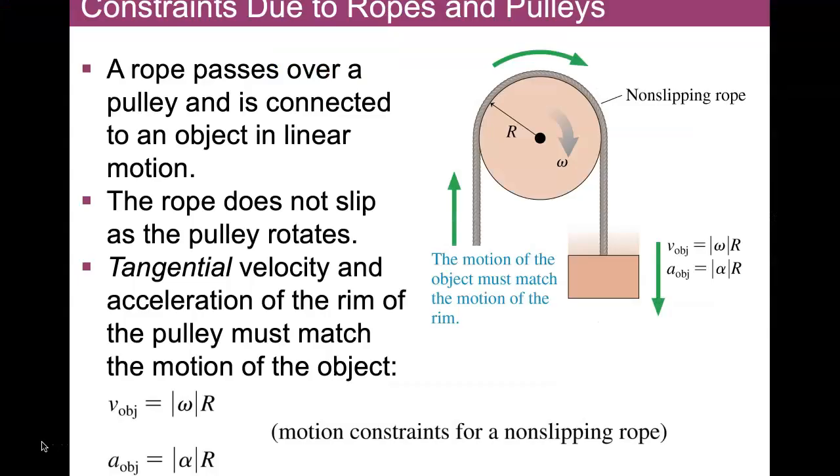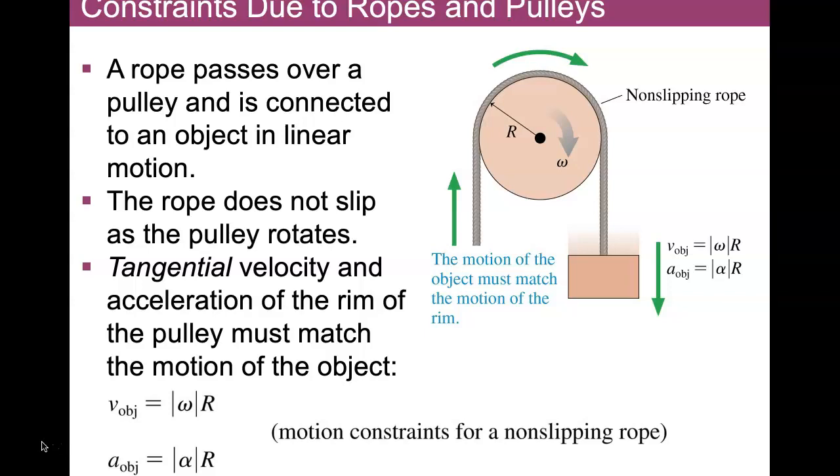So in the last few minutes, I want to talk about constraints due to ropes and pulleys. Many problems on rotational motion involve pulleys. In 161 we always assumed all these pulleys are massless, but now that we know about rotational dynamics, we can solve more general problems where the pulley itself has some mass and there's some rotational kinetic energy associated with it.